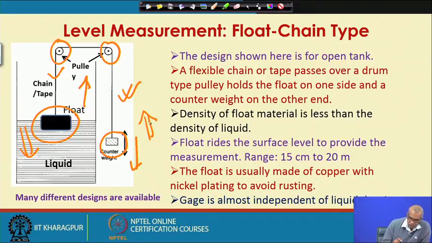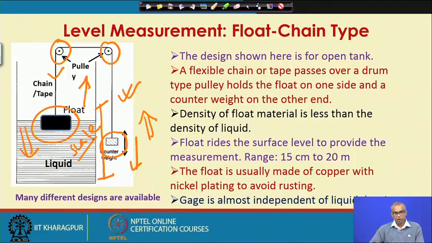So, if I attach a scale here, the position of the counterweight against the scale will tell me the position of the float inside the tank, and the position of the float is nothing but the measure of or indication of liquid level. So, this scale can be calibrated directly in terms of liquid level in the tank.